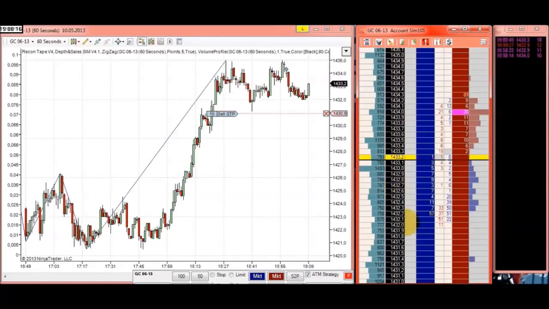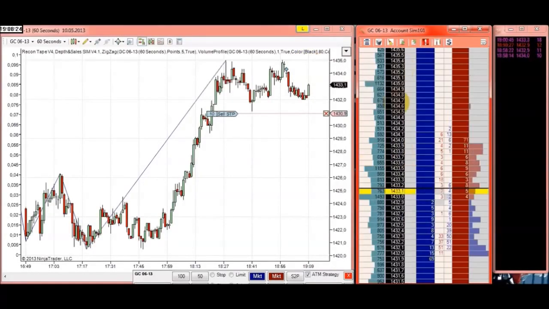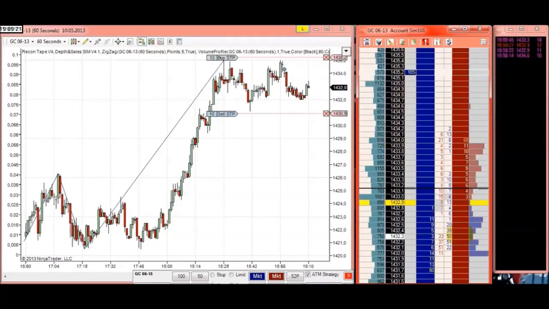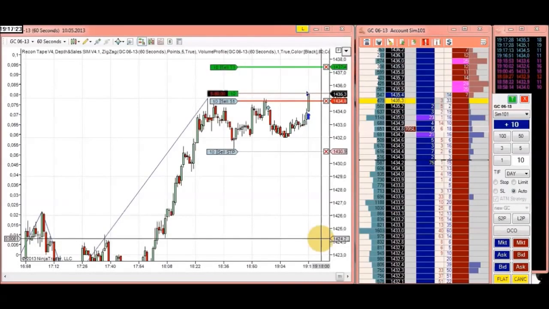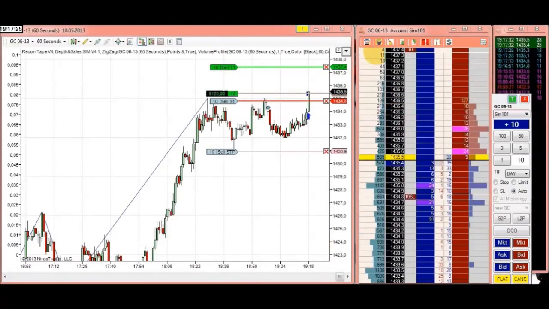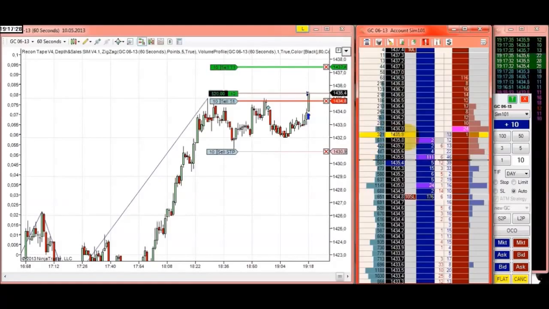Looks like we are moving away from potential entries. There is a good entry here, 350, so it will be 35.2 for me. 35.2. Let's see which one hits first. So let me come back when we get near one of those levels. Okay, now we have the order filled, and we see some support.